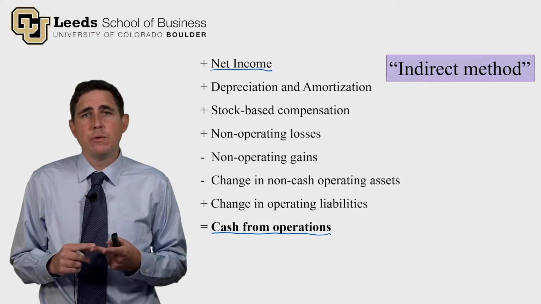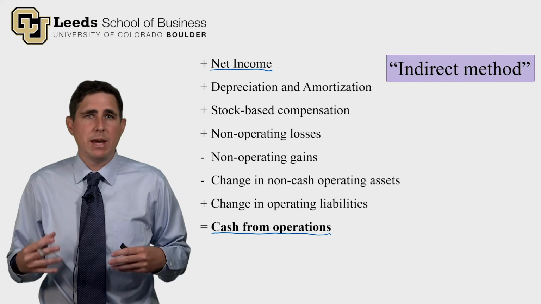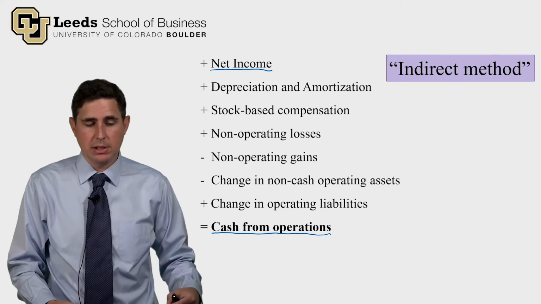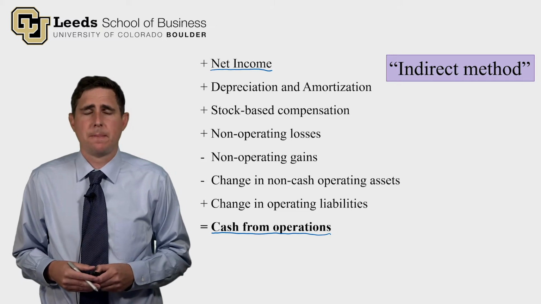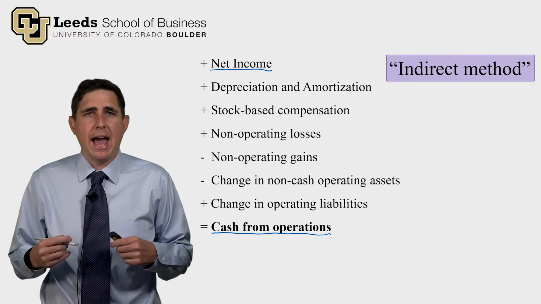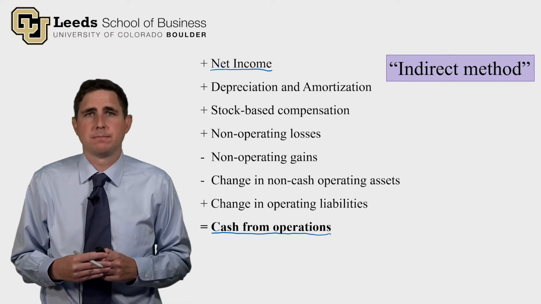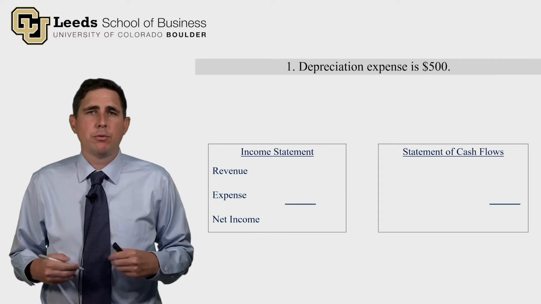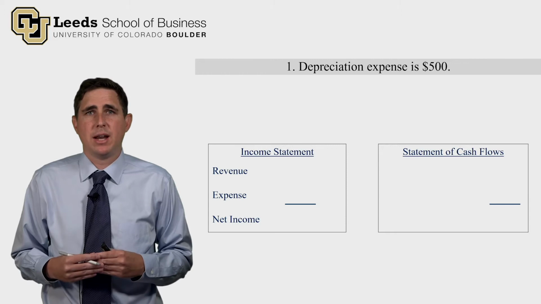And so we remove all of the non-cash transactions from net income. And after we make those adjustments, which is explicitly laid out in this list here, we'll arrive at cash from operations. And now we'll go through 5 examples where you see specifically how net income is converted to cash from operations. We'll go through these 5 different examples with one transaction at a time.